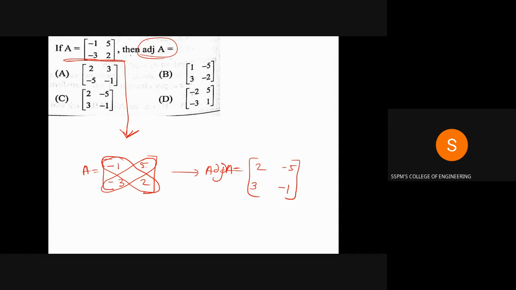There is another way for finding adjoint of a 3 cross 3 matrix that will be solved in some further examples. But this is the way to find the adjoint of a matrix of order 2 by 2. You just have to interchange these diagonal values, and change the signs of these two values. So what will be the answer? C will be the correct option.